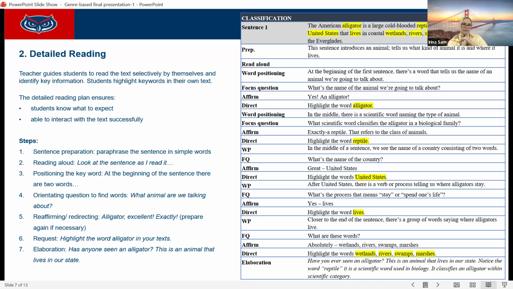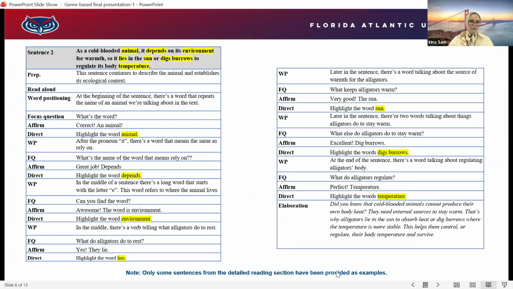The process helps students feel successful and confident while reading. If needed, a teacher can elaborate on the sentence, and I included the elaboration suggestions at the end of each sentence, as you can see. I included another sentence example on this slide. Note that not all sentences are included in this presentation.